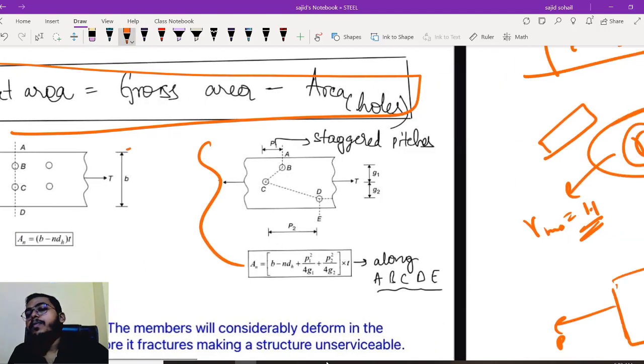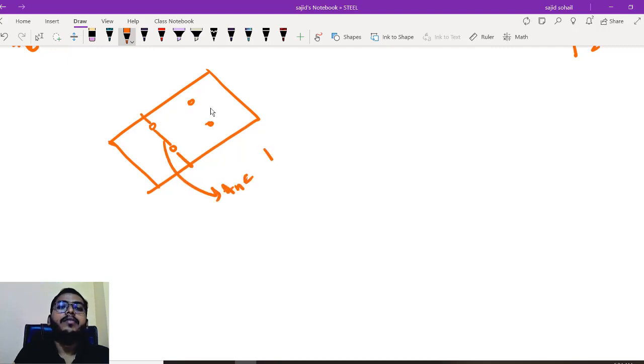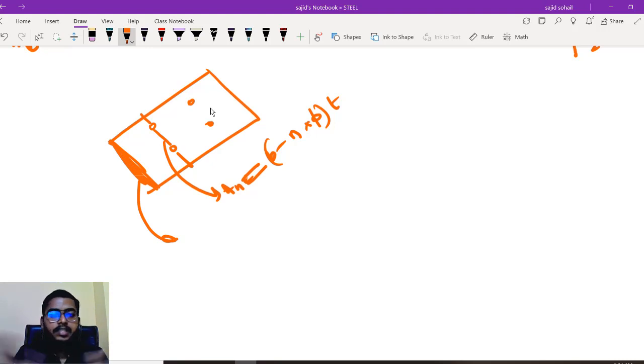As I have taught you earlier, if you have a member with holes like this, your net area is nothing but B minus number of holes into diameter of each hole, into the thickness of your plate. That's it. That will be the net area which is actually resisting my tensile stress.